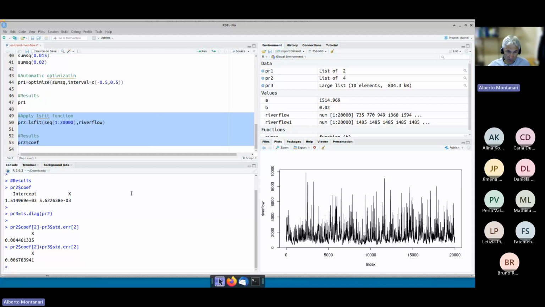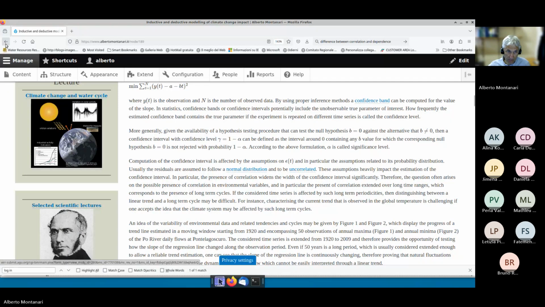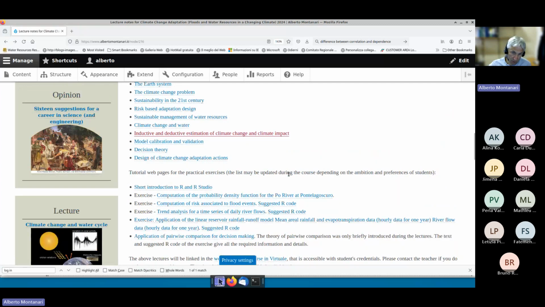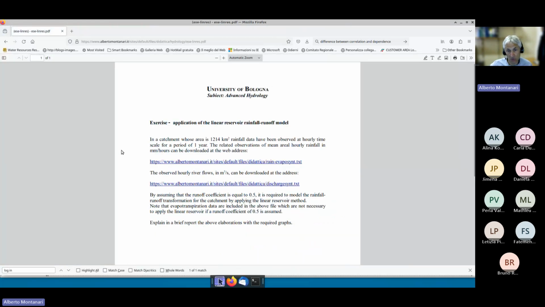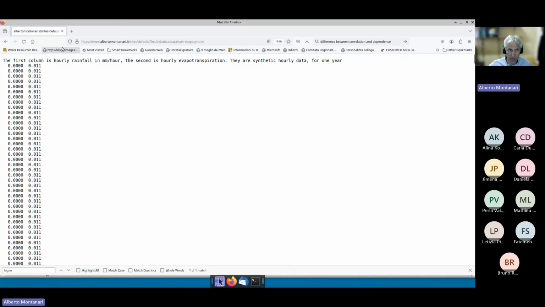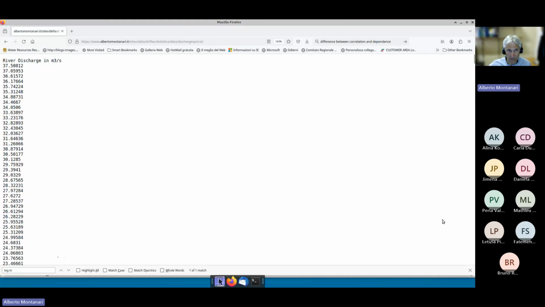We have only a few minutes. I want to anticipate the next exercise because it's more specific. It's an application of the linear reservoir rainfall-runoff model. And I just want to suggest that you look at the text and at the data set that we have, which is available on the website. The link's here, but it's also available here. If you click here, you get this data set, and this is the second one.